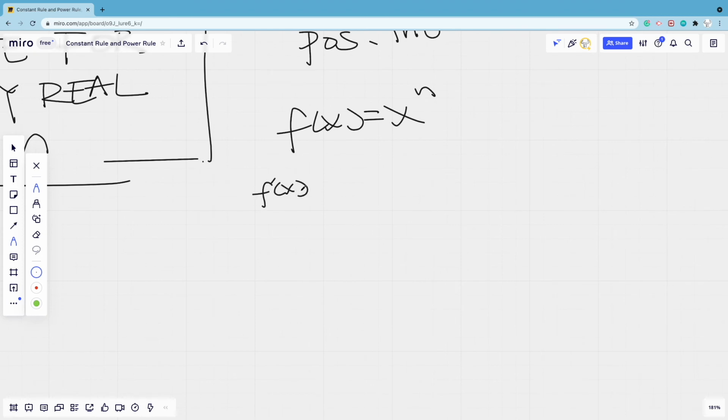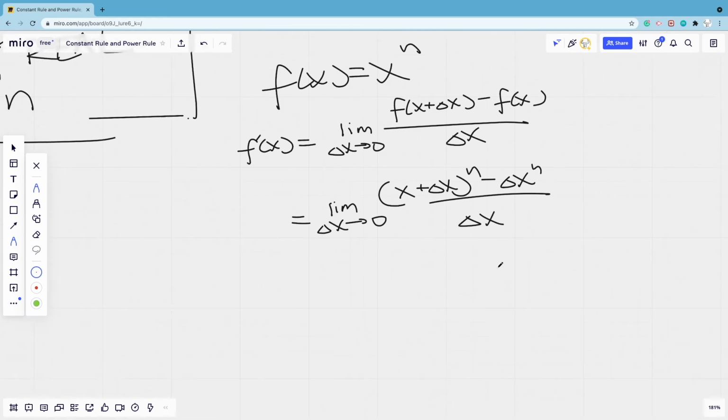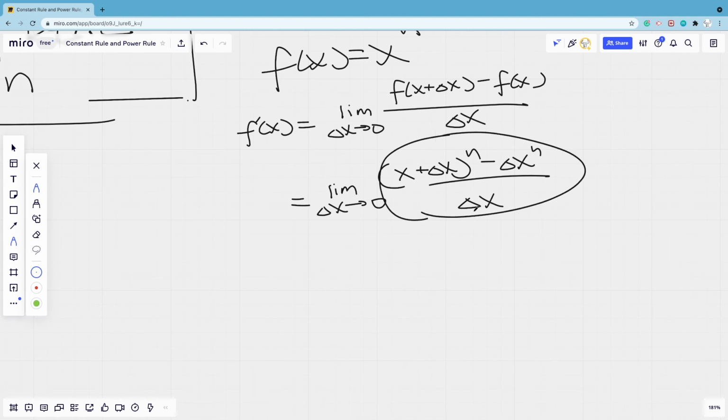The derivative of f(x) will equal the limit as delta x goes to 0 of f(x plus delta x) minus f(x) over delta x, which equals the limit of (x plus delta x) to the power of n minus x to the power of n over delta x. Now we should probably expand this. If you guys don't know what binomial expansion is, I recommend going on a website such as The Art of Problem Solving, or just Googling it to see what it is. But we're going to use this right now.